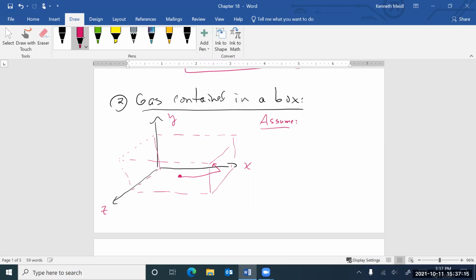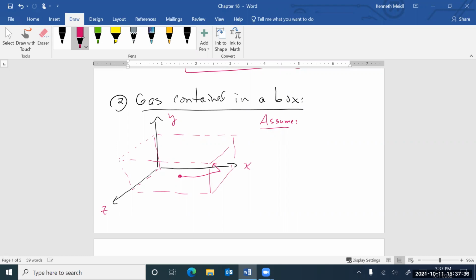Okay, now one assumption that I'm going to make here is that, since it hit this wall on the right-hand side of the box, the wall cannot change the velocity in the y direction. If it can, then it's doing work on the object, and then I'd be asking the question, what's the mechanism for work to be done here?